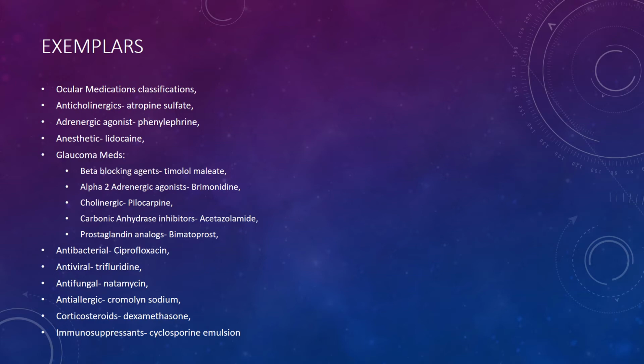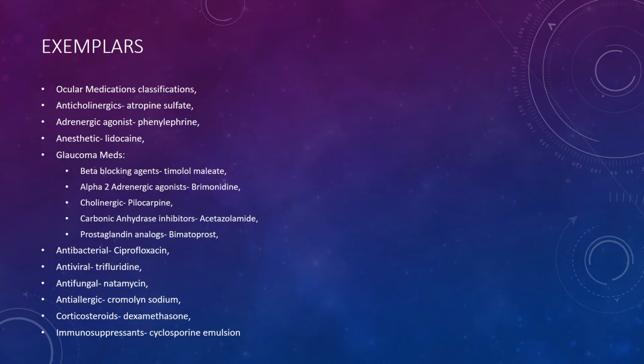And then we have the cholinergic medication, which is pilocarpine. And then we have the carbonic anhydrase inhibitor, and that is acetazolamide. And then we have the prostaglandin analogs, which is the bimatoprost.